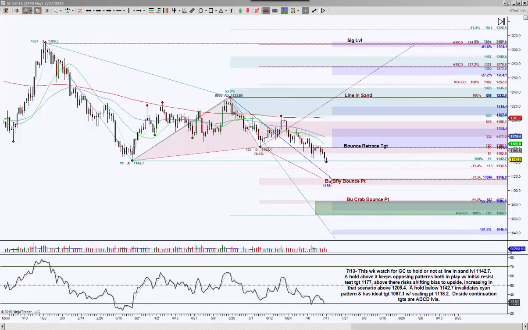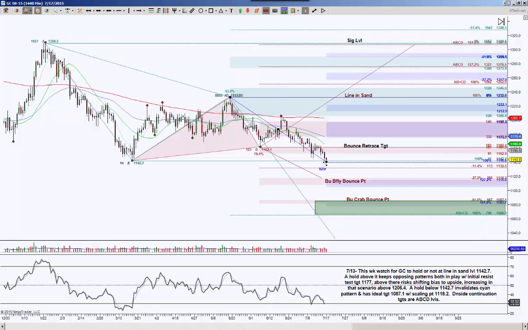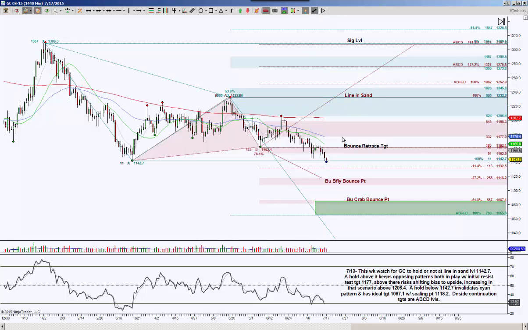Right now, if price were to hold above this significant level, and it's going to be a significant level, well, it's the same PRZ as there, so let's hide that. So that's also a bounce retrace target. Okay, so now we have two bounce targets.